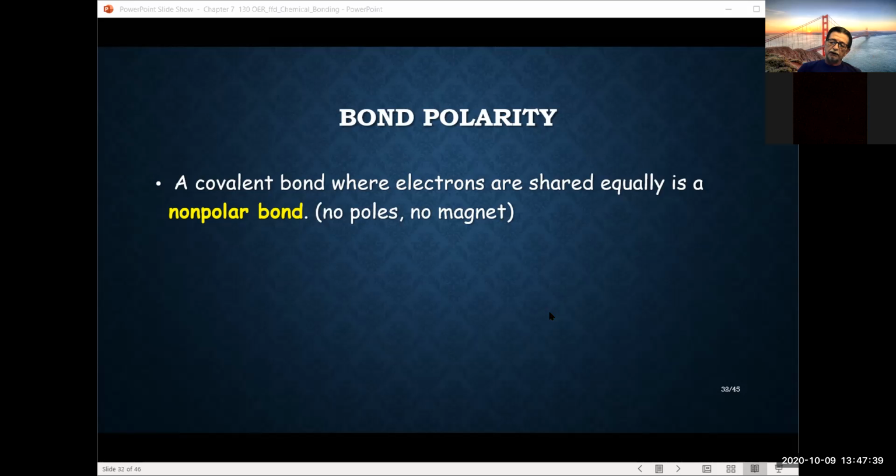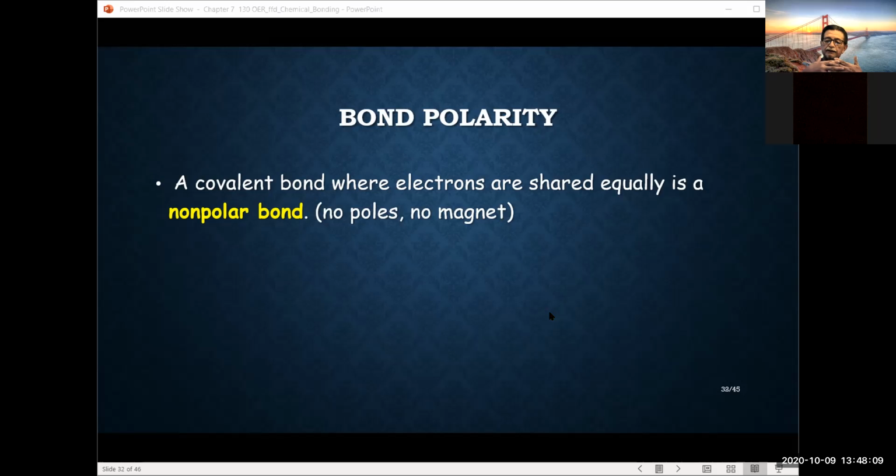So we have ionic bonds, which deal with the electrostatic attraction of two ions with a full-fledged charge. Ionic compounds have a full-fledged charge in them. And there's no physical sharing of electrons. It's just an attraction like two magnets because of the positive and negative. With covalent bonds, it's not the case.